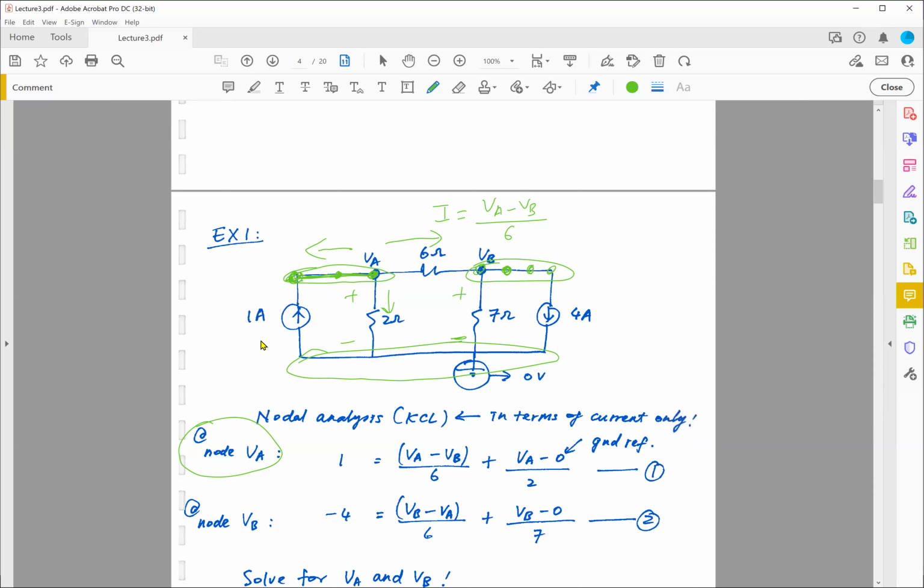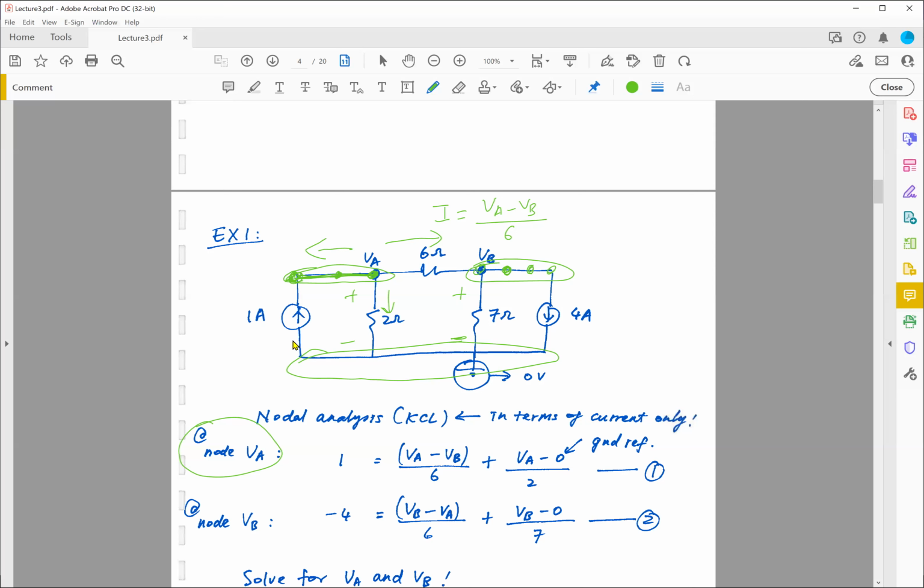Since this current source is fixed and the direction of this 1 amp current source is flowing upward, in order to represent the current going from right to left and down, this current is simply flowing in the opposite direction of this one.